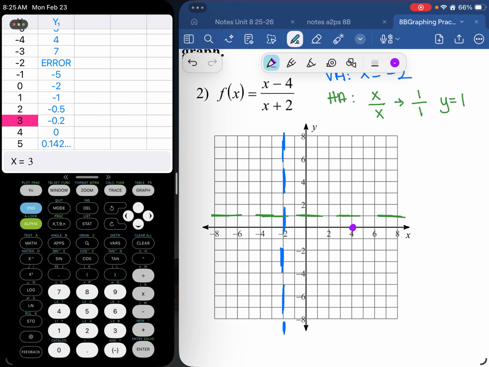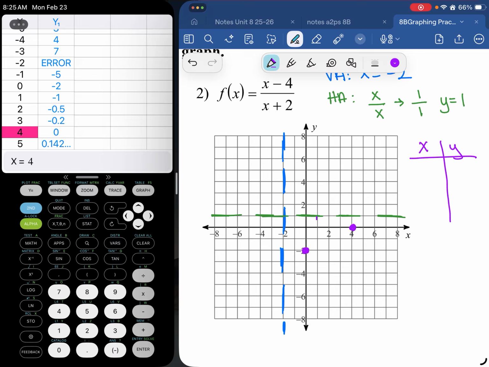And if you want to go find the other one that matches that, we'll talk about that in a second. And then I have (0, -2). So (0, -2) is my other intercept. Okay. So I like to make a table, and I'll explain why. It makes it a lot easier. And then I'm just going to find one other point that I like, and I'm going to use (1, -1).